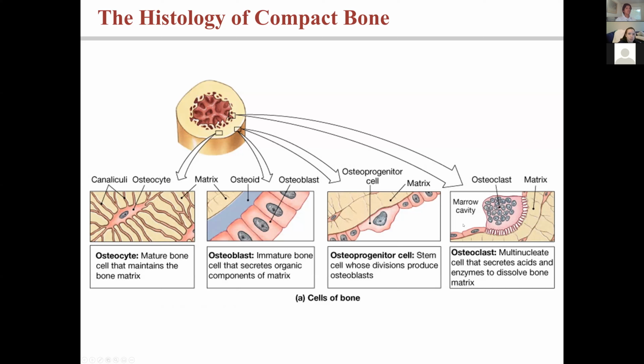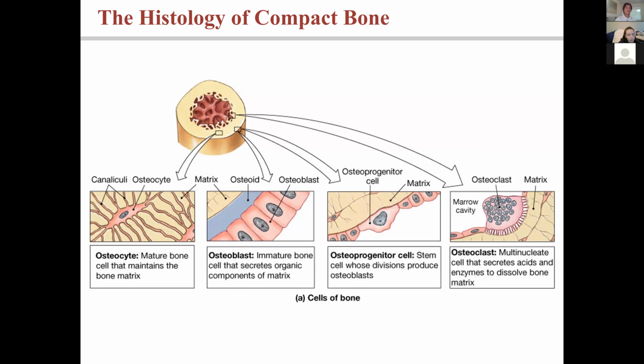Now, within the endosteum, within this inner layer, alongside these osteoprogenitor cells, we have osteoclasts. These different dots here are depictions of multiple nuclei. This multinucleated cell, it's rare to find multinucleated cells.